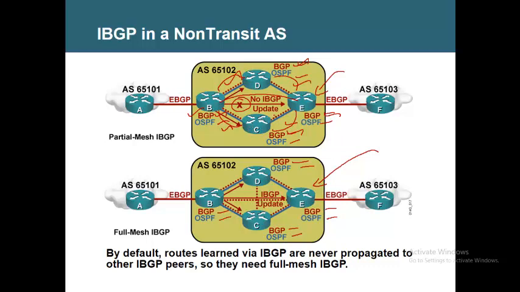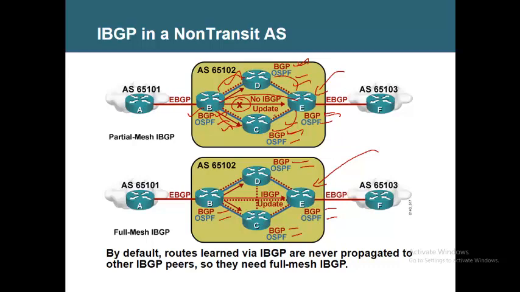Why? Because we think, why should we peer with E now? When we are peering with C and C is peering with E, why is there a need for peering from B to E? That's our thinking.